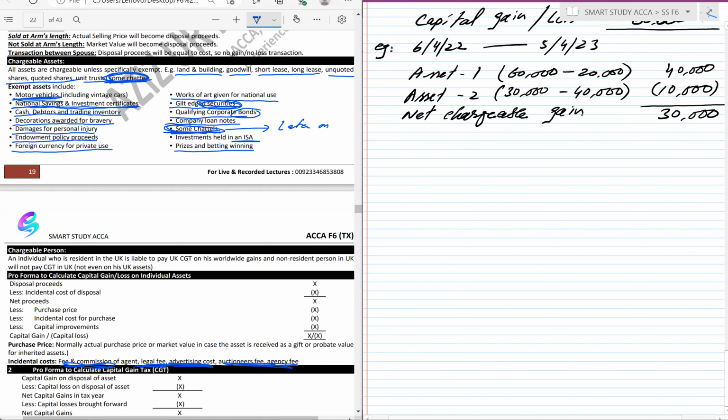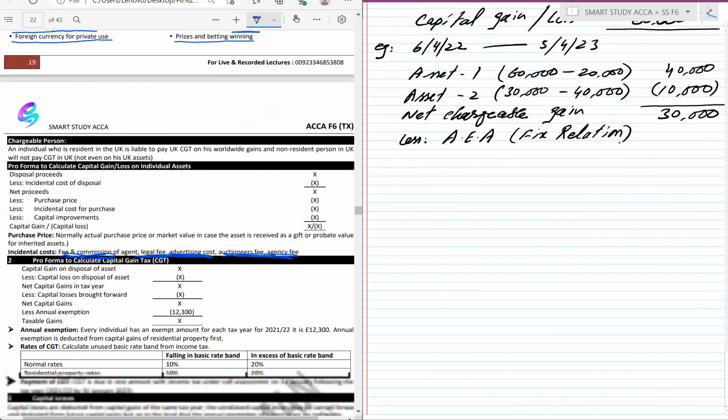So in this way, we will calculate gain or loss on all of the assets. Then finally, we will net off their gains and losses to find the net chargeable gain, which is 30,000 pounds over here. Then we will deduct the annual exempt amount. What is the annual exempt amount? This is a fixed amount of relaxation that is available to every individual every tax year, and the amount is 12,300.